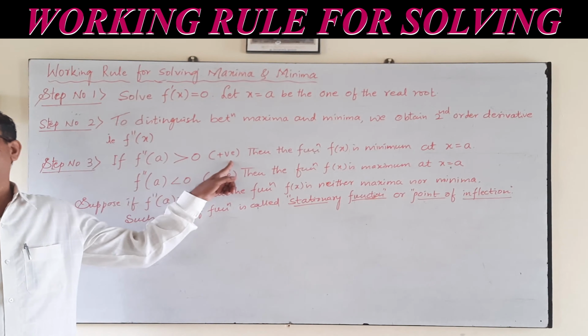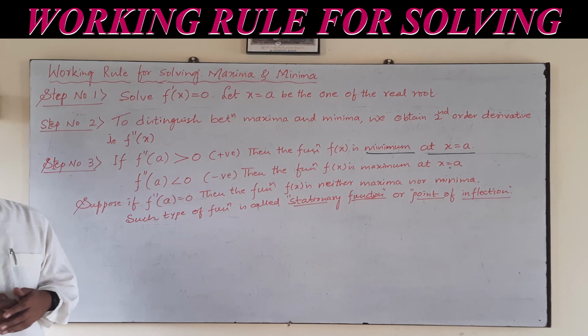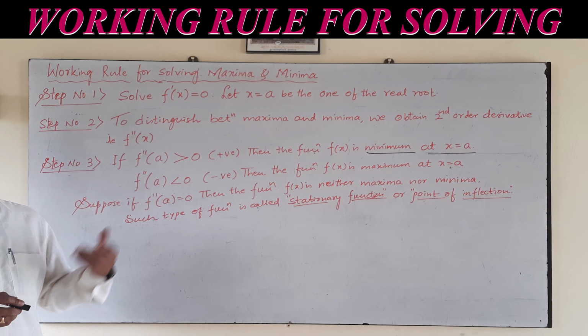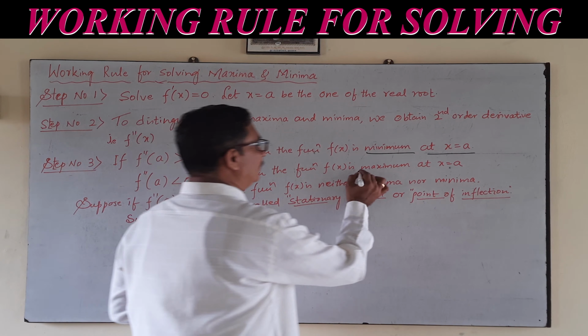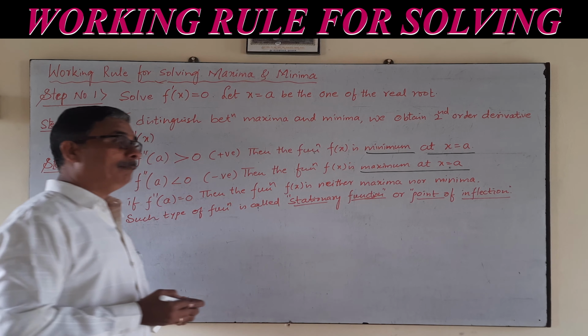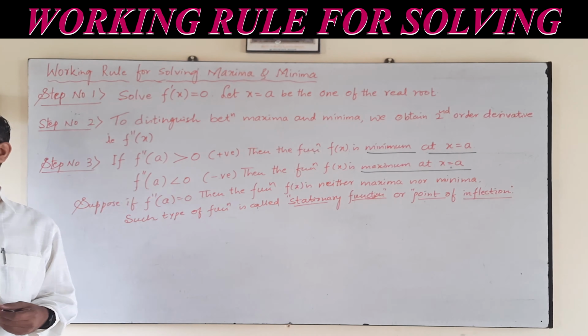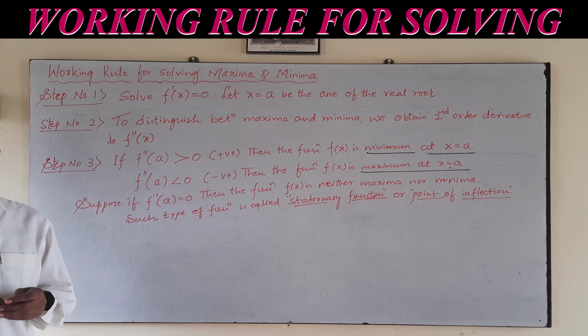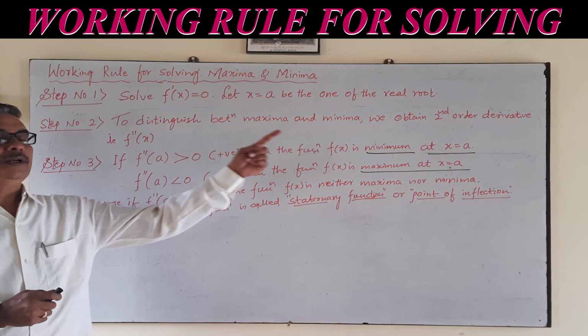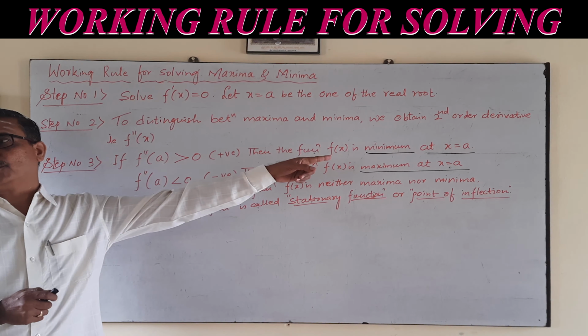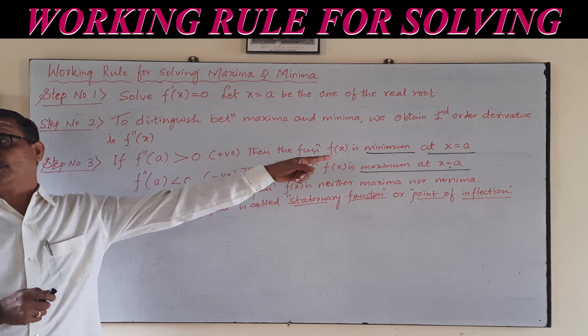If the answer is negative, meaning less than 0, then the function f of x is maximum at the particular point, in general x equal to a. Positive gives minimum at that point x equal to a. If it is negative, the function f of x is maximum at that point x equal to a.